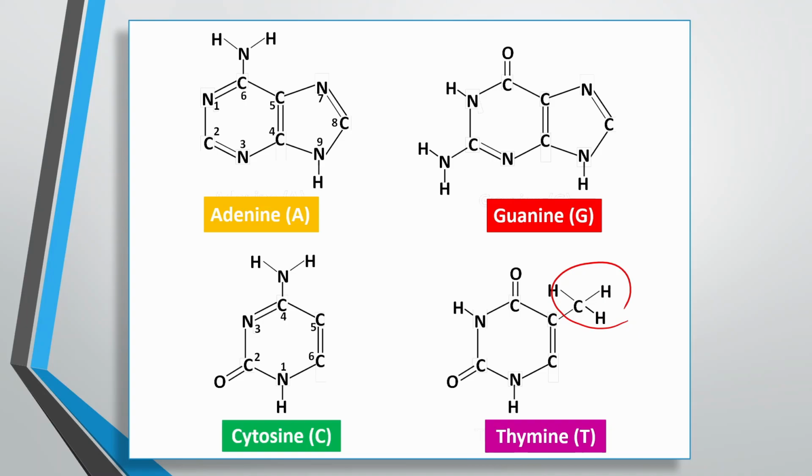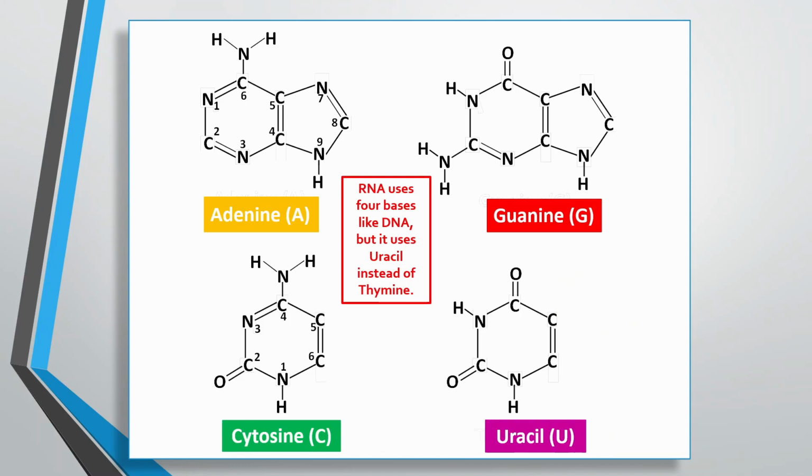See that? If we go back to U with our RNA bases, the U doesn't have that CH3. So uracil, U, is missing that CH3 group that T has. So that's the difference between the bases used by RNA and the bases used by DNA.